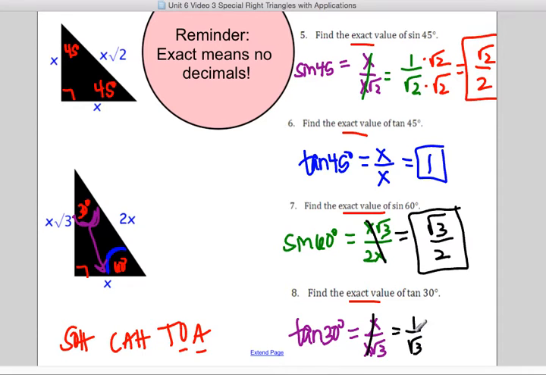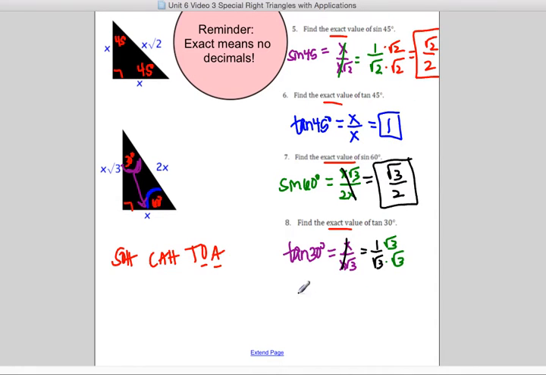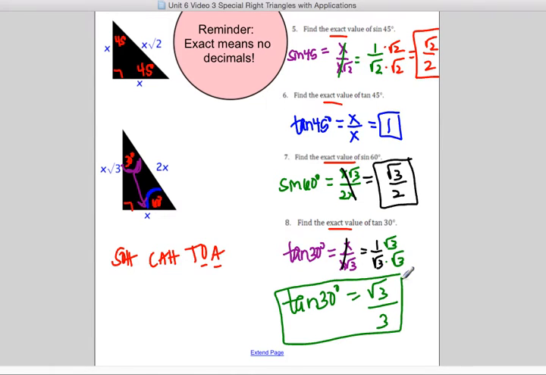It is not proper to leave that square root in the denominator, so I multiply by square root of 3 over square root of 3. So I get tangent of 30 degrees is equal to 1 times square root of 3 is square root of 3 over square root of 3 times square root of 3, 3. So square root of 3 over 3 is my tangent of 30. Okay, so those are our special right triangles.